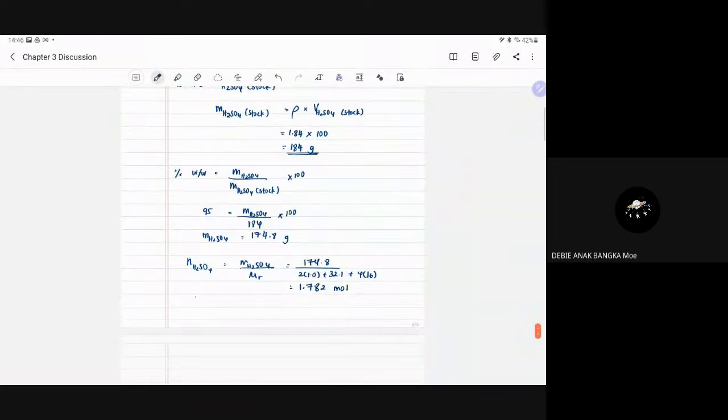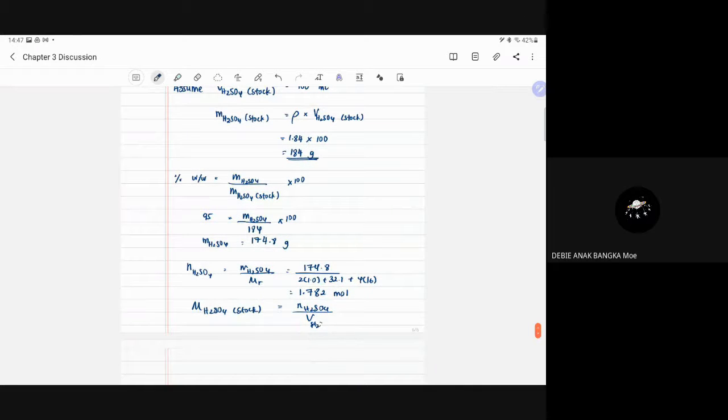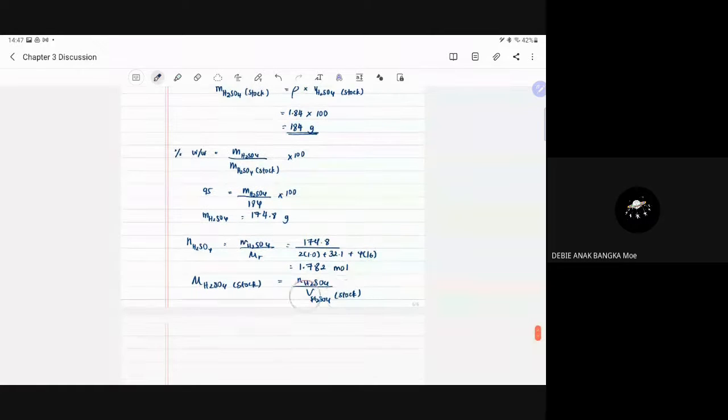Jadi nak cari molarity dia, sama dengan number of mole of H2SO4 iaitu number of mole of solute bagi volume of stock solution tu. Okay. Dalam bentuk liter.